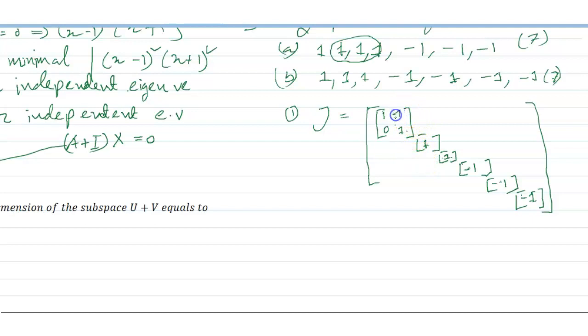This is one possibility, because for a 7 cross 7 matrix I get this Jordan form. Here the non-zero entries are 1, 2, 3, 4, 5, 6, 7, 8. So 8 is my answer for this Jordan block form.